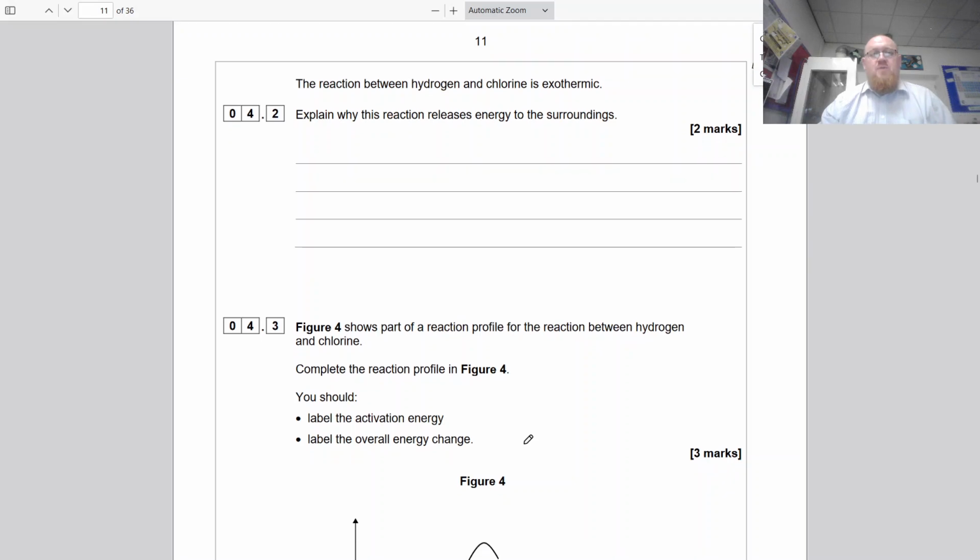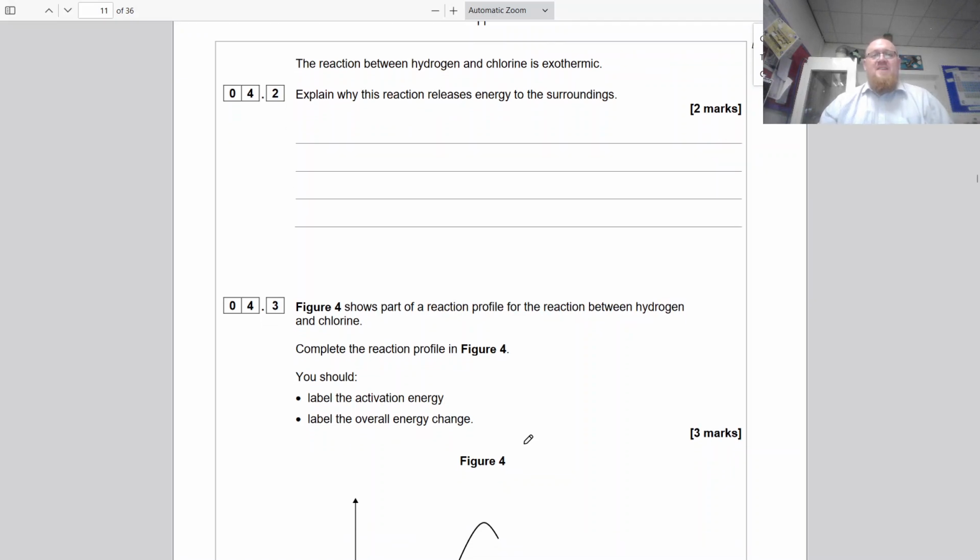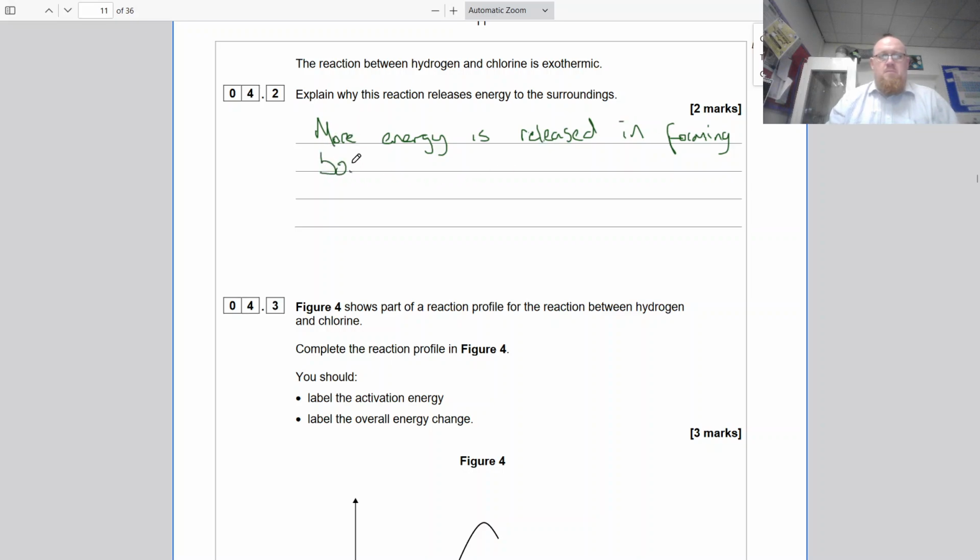Okay, so let's have a quick look at the next one. Reaction between hydrogen and chlorine is exothermic. Explain why this reaction releases energy to the surroundings. And that is because more energy is released in forming bonds than is used in breaking bonds.